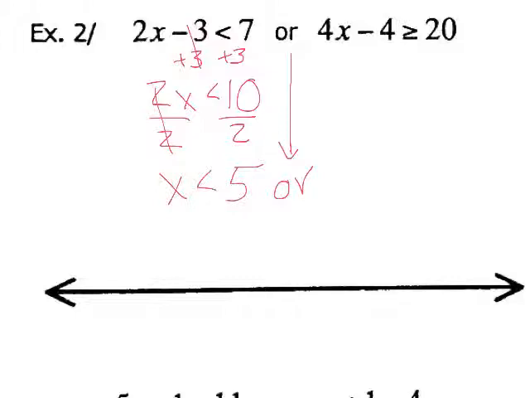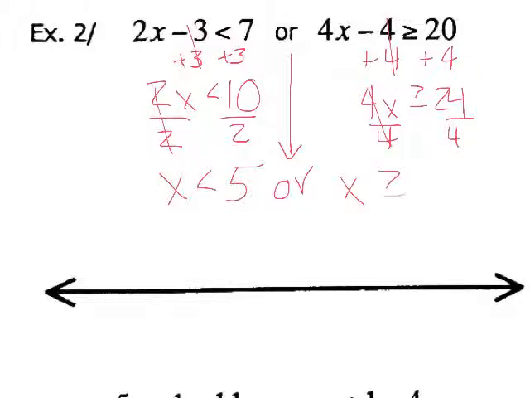Bring down your OR, and solve your second inequality. Add 4. So again, this is all the stuff you should already know. 4x is greater than or equal to 24. Divide by 4 on both sides, and I get x is greater than or equal to 6.